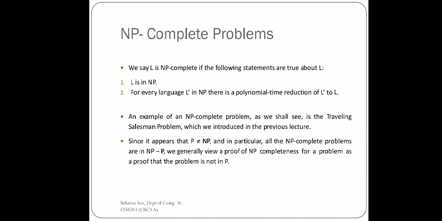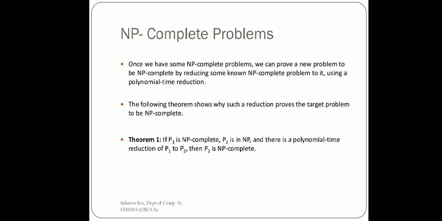Once we have some NP complete problems, we can prove a new problem to be NP complete by reducing some known NP complete problem to it using a polynomial time reduction. We have already seen the approach. If we have a previously known NP complete problem, say the traveling salesman problem, and a new problem is given, we can reduce that problem to the traveling salesman problem.